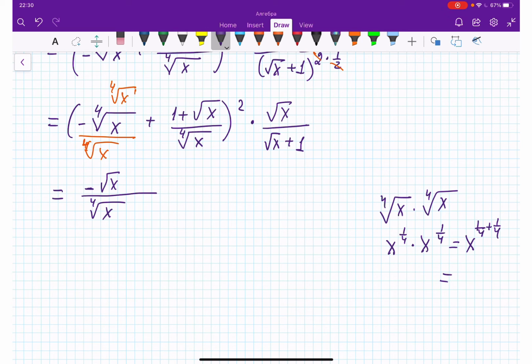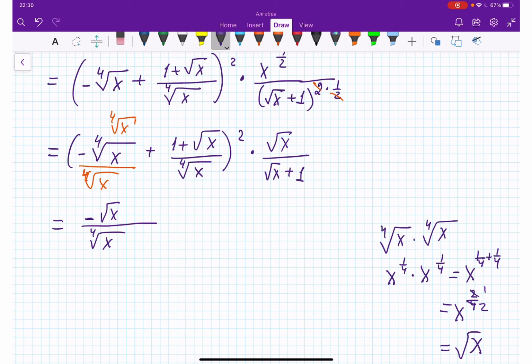And this is going to be equal x to power 2/4, which is going to be equal 1/2. And that is square root of x. And that's how I got the square root of x. Yes? Okay. So it's going to be negative square root of x plus 1 plus square root of x.